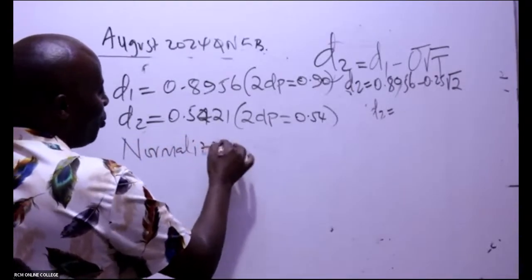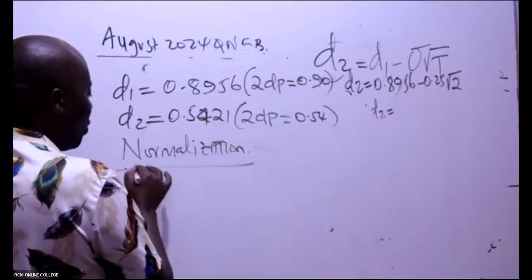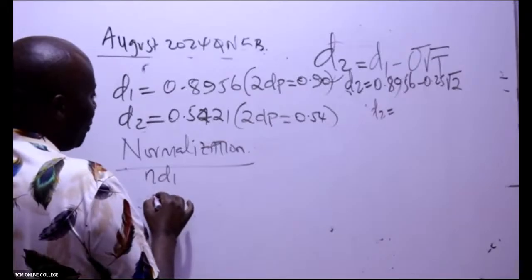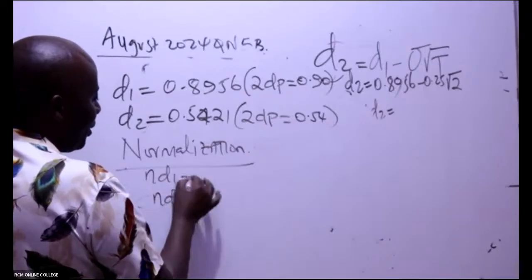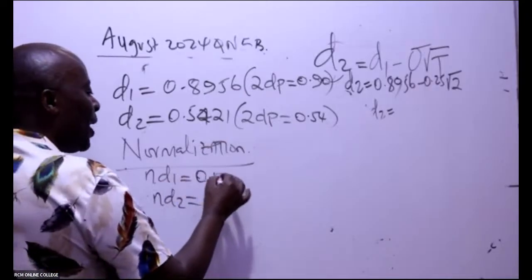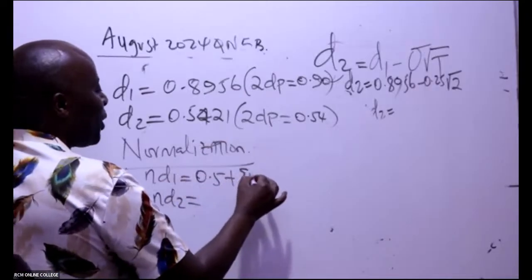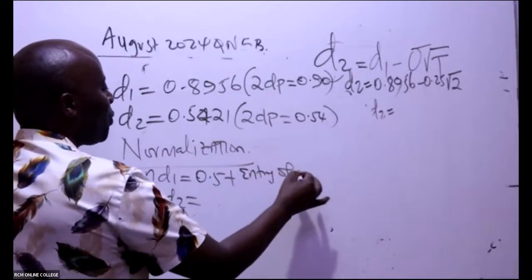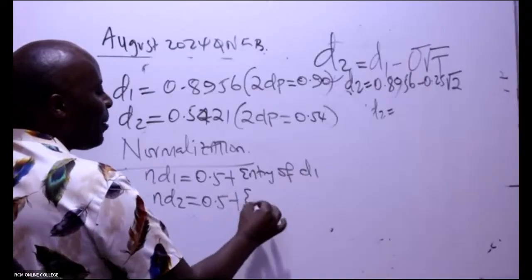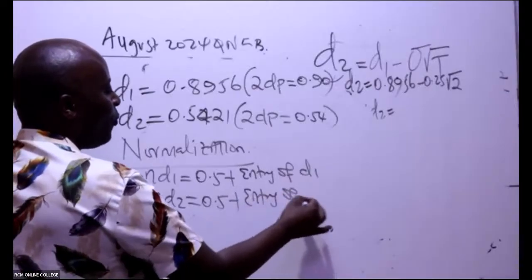Normalization gives us what we call N(D1) and N(D2). N(D1) will be 0.5 plus the table entry of D1, and N(D2) will be 0.5 plus the table entry of D2.